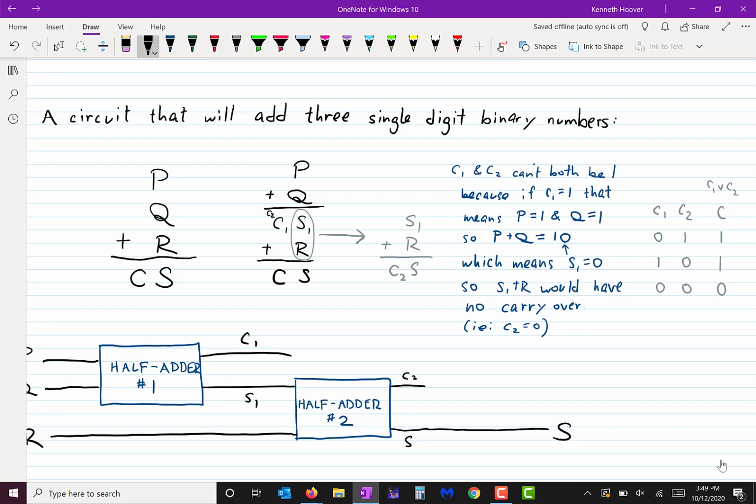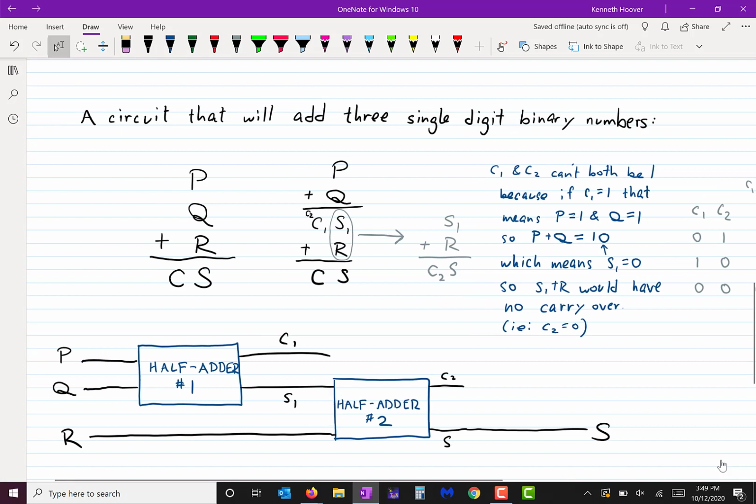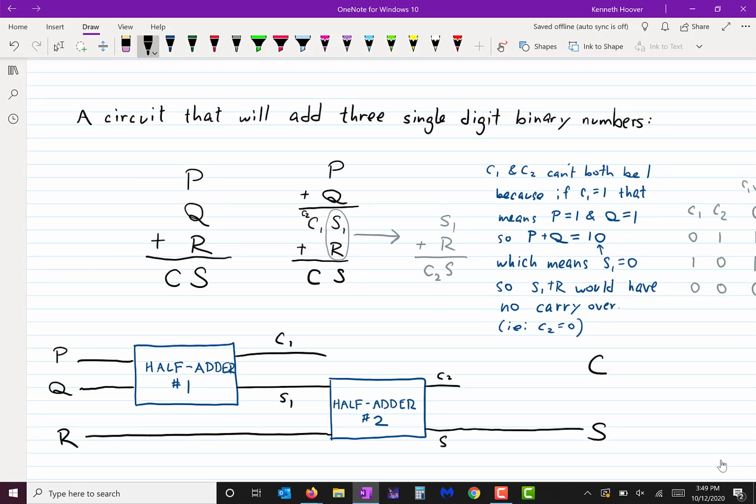So in other words, what I want to do to get my final carryover digit here is I want to take C1 and C2 and run them through an OR gate. And there you go. Now I just want to point out to you, the book has 2 typos here. The book calls this S and this T. I have no idea where they got those letters from. It's clearly just a mistake.